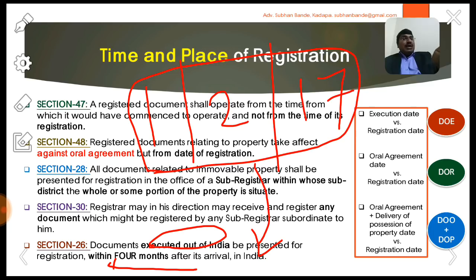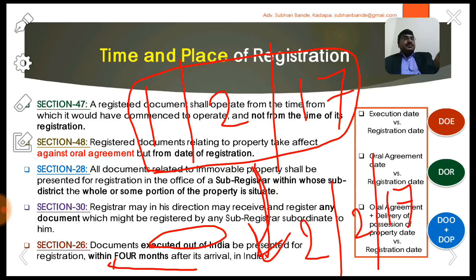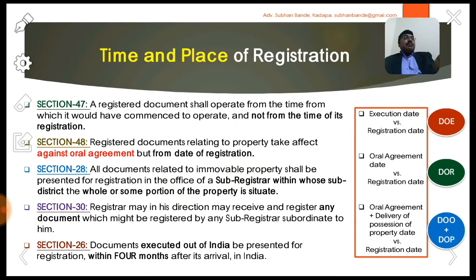The parties who have executed the document on 1st February 2017 came to India on 2nd February 2017. They need to present the document for registration within 4 months, that is 2nd May 2017. After 2nd May 2017, the registrar may reject the registration.